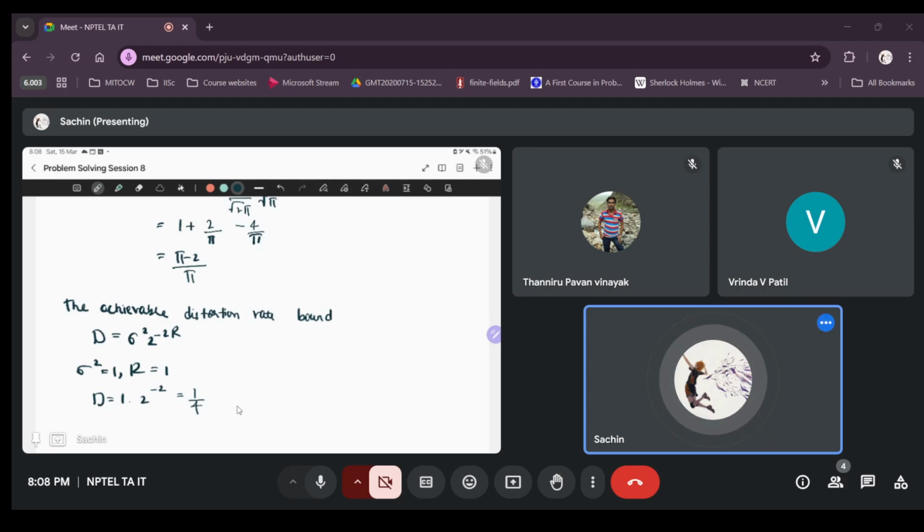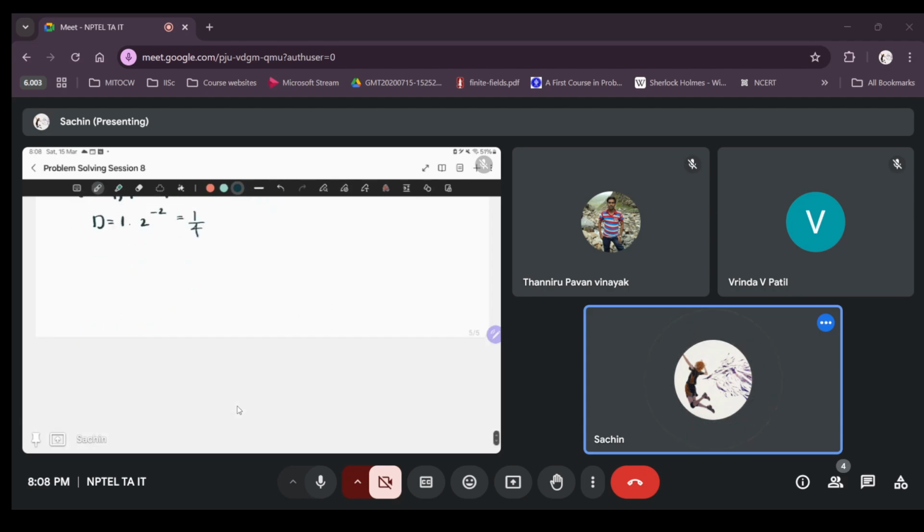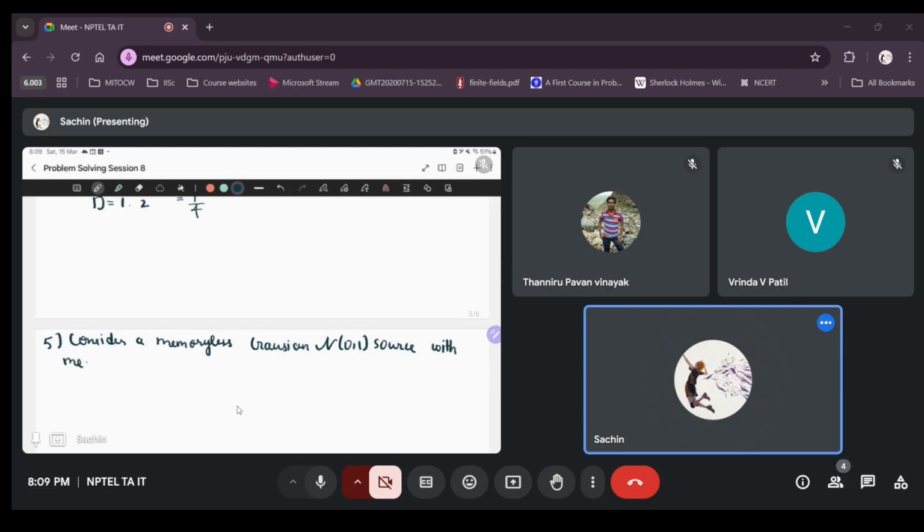Okay, question 5. Consider a memoryless Gaussian source with mean 0, variance 1, with mean squared error distortion with d equals half.